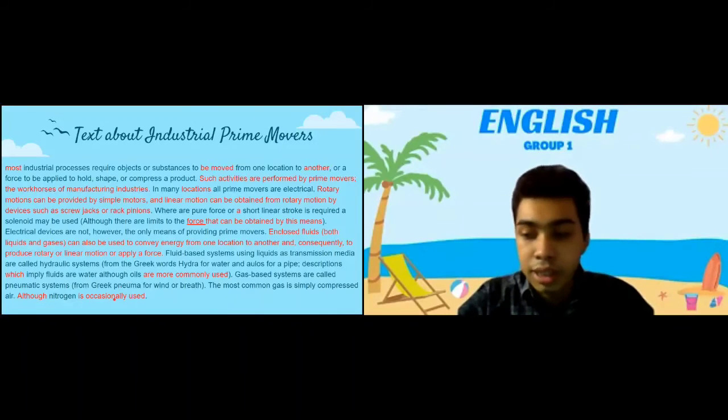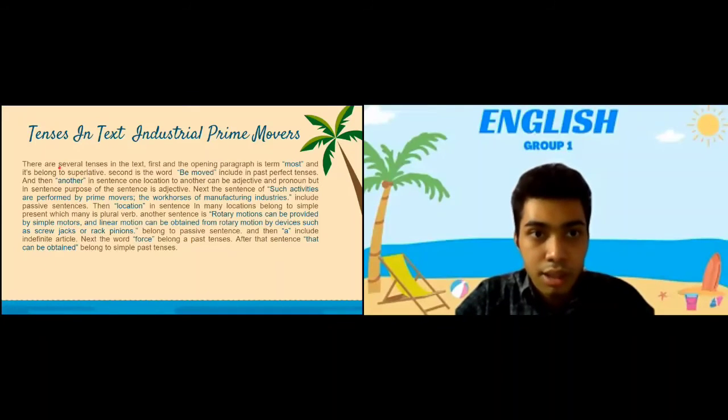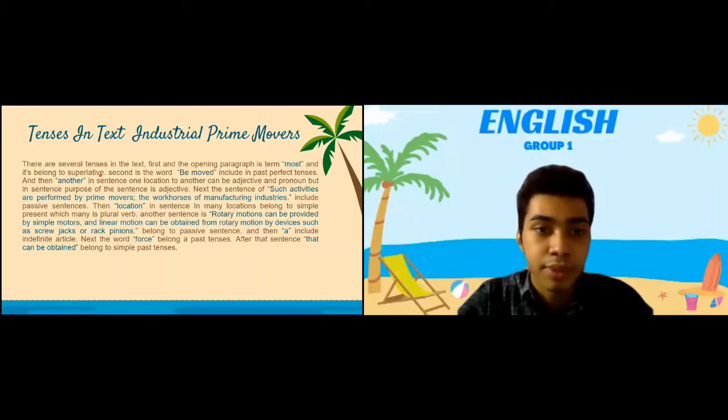What does the red letter mean? I will explain it in the next slide. Tenses in the text Industrial Prime Mover. There are several tenses in the text. First, in the opening paragraph is the term most, and it belongs to the superlative.